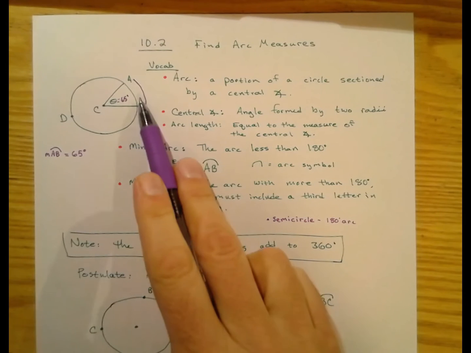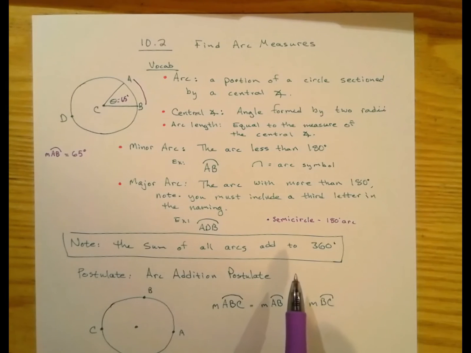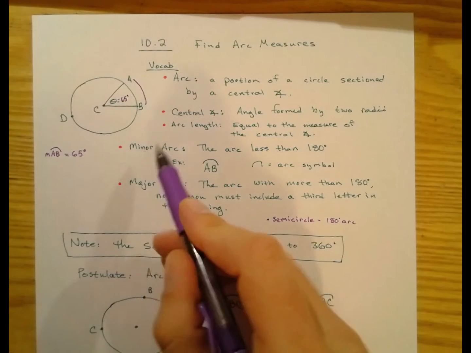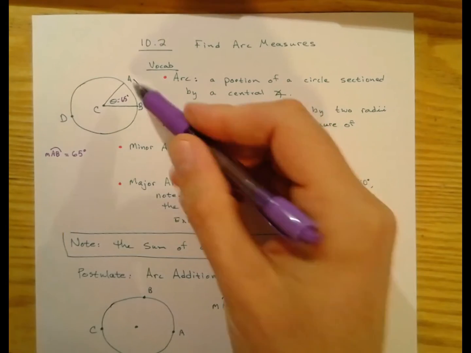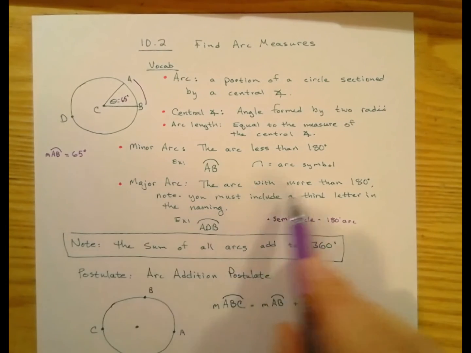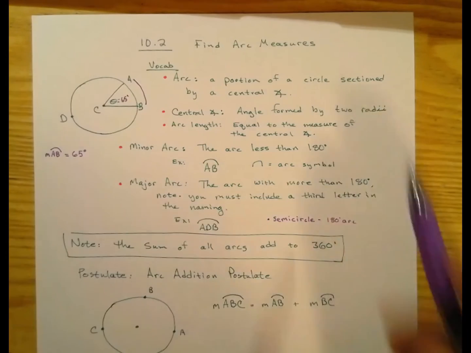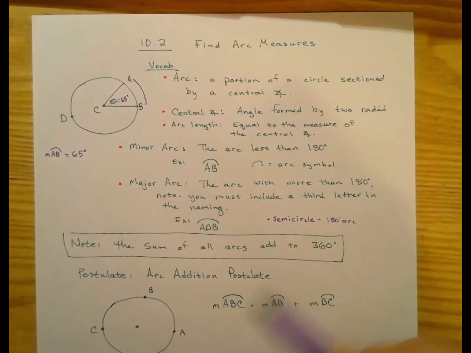A minor arc is the smaller of the two arcs formed by those two points on the circumference, and the major arc is the other way around, an arc that is more than 180 degrees.